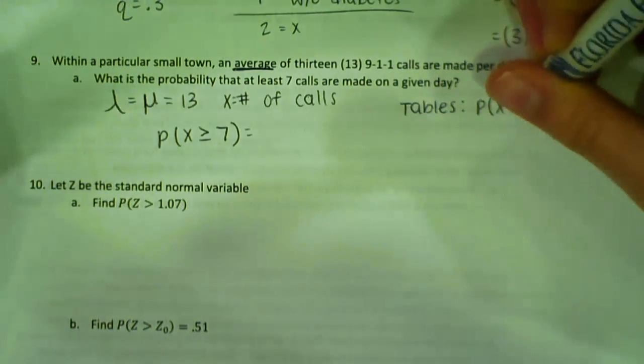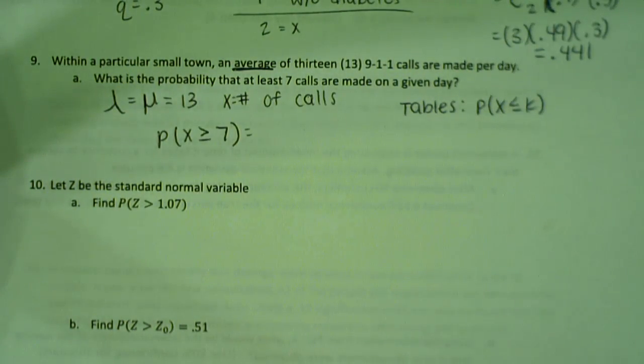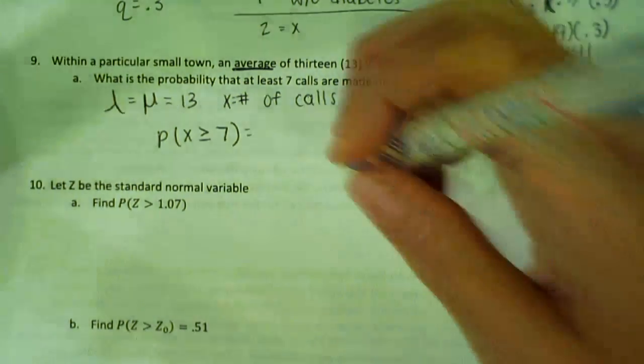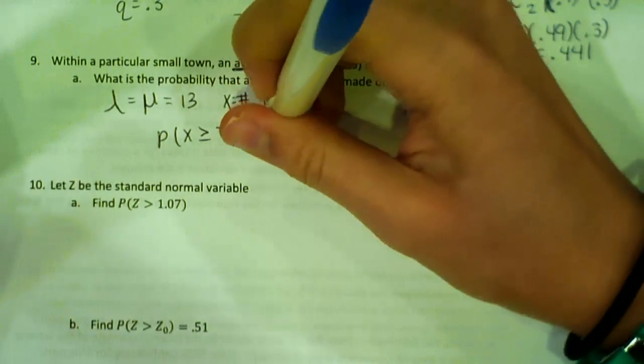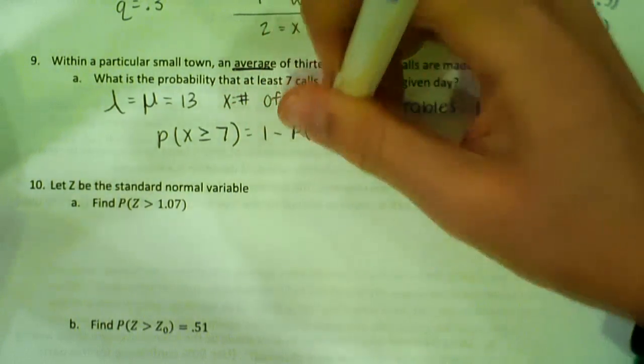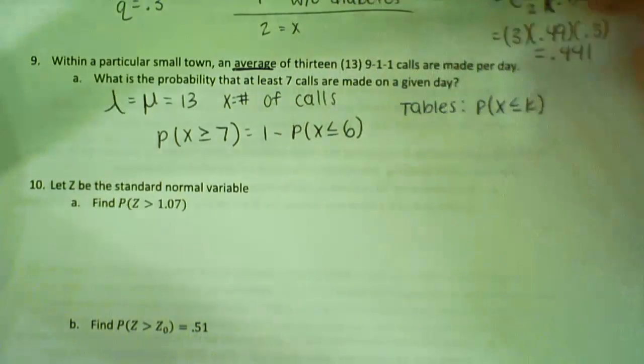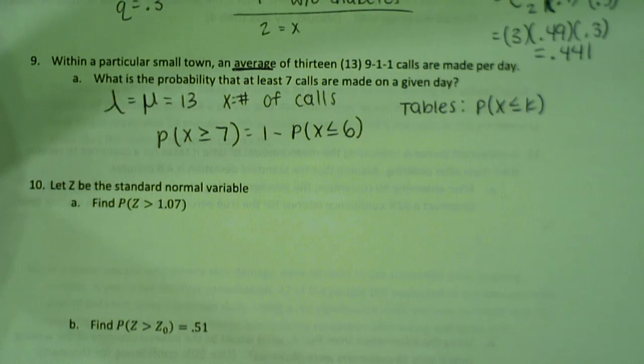So how could we manipulate this so that we could actually read off of the table? Exactly. Okay? Because we want all of the values that are greater than or equal to 7, so we're just going to cancel out everything that's less than or equal to 6.